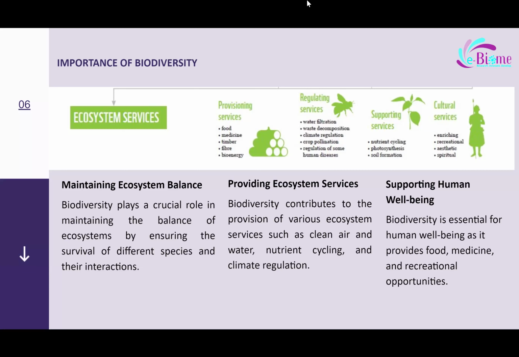So if there is a higher biodiversity, assuming that there's a forest fire, the grasses are resilient. They're able to grow back, and then the animals that depend on them are also able to get food to eat. And then those that are predators on those animals also get to consume them. So in essence, it causes the living organisms to survive instead of becoming extinct or dying out. So we have that importance of ecosystem balance.